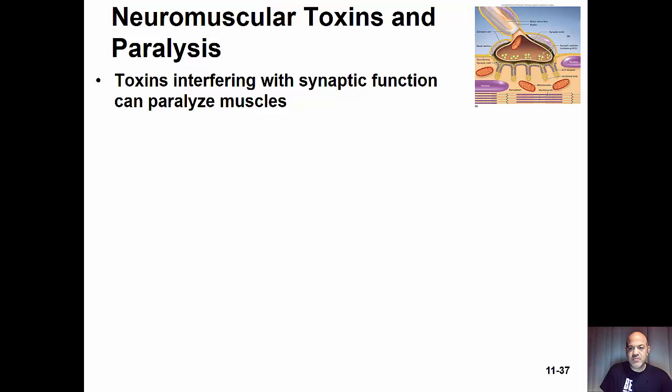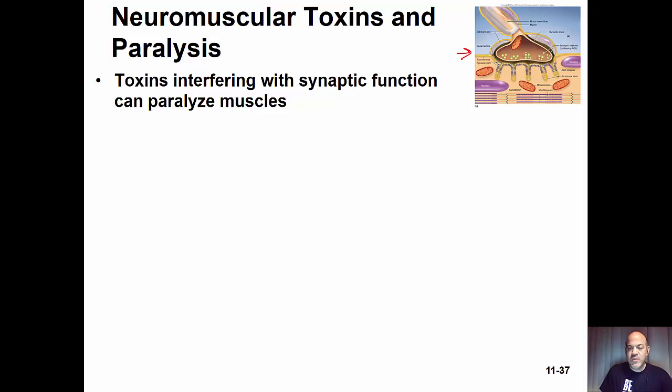Just as a review, I placed that picture of the neuromuscular junction up there to remind you that right here we have the synaptic knob, and there you have your synaptic vesicles that contain the neurotransmitter acetylcholine. And then here's the synaptic cleft.